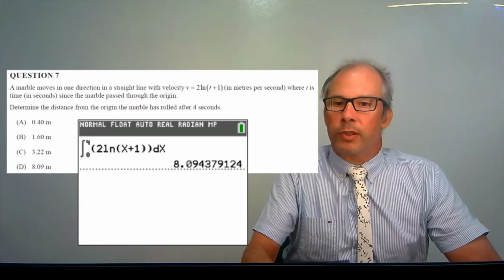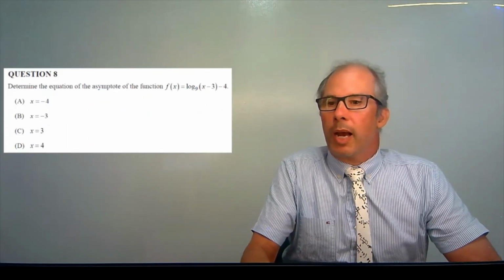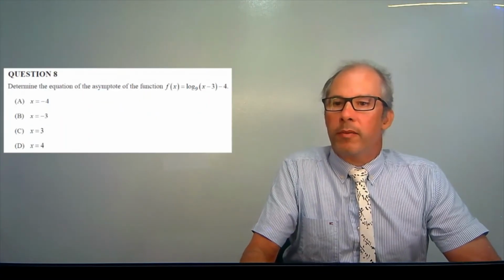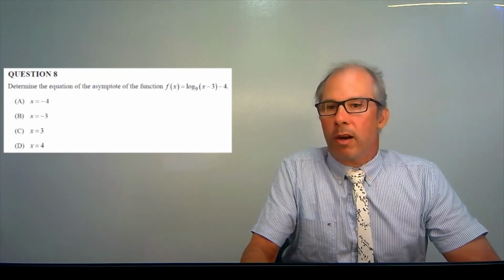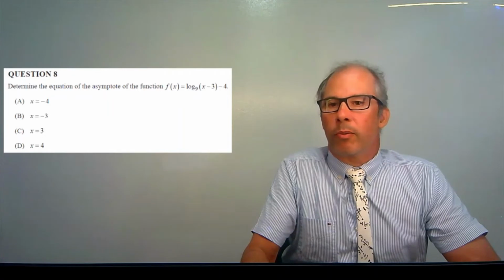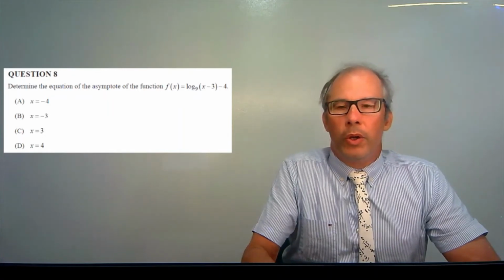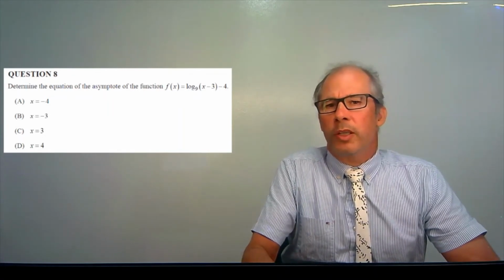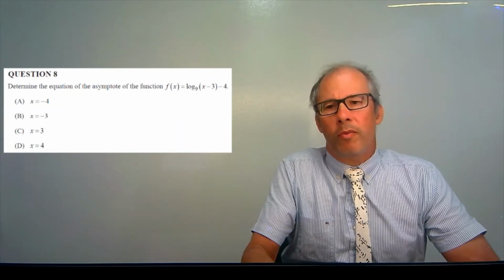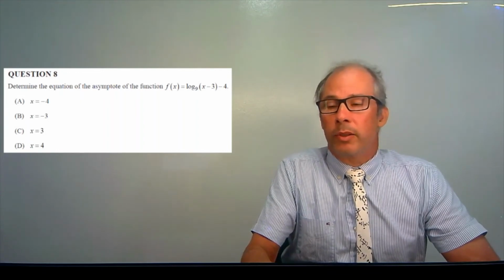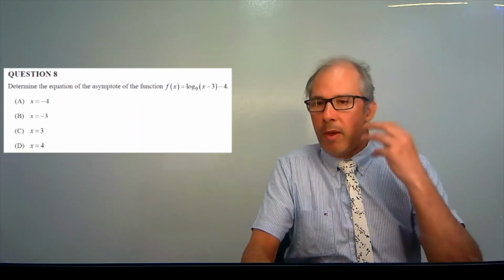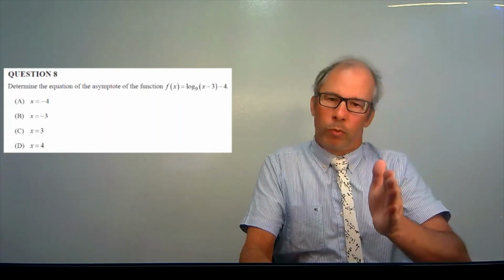Question 8. Determine the equation of the asymptote of the function f of x equals log base 9 of x minus 3, minus 4. Essentially with this question, you need to have that basic understanding of y equals log of x, knowing that that function will have an asymptote at y equals 0.